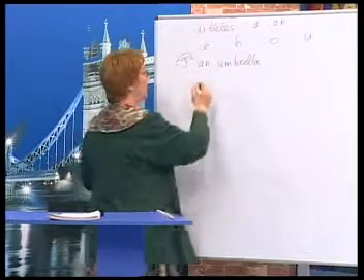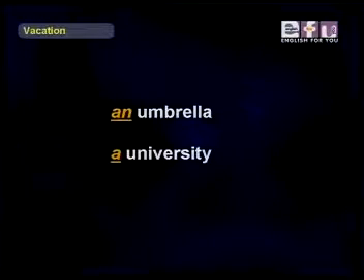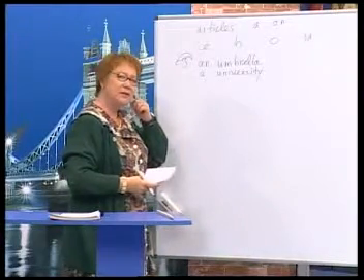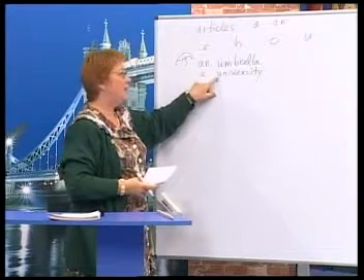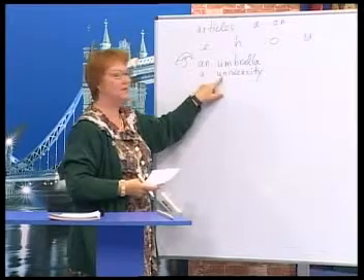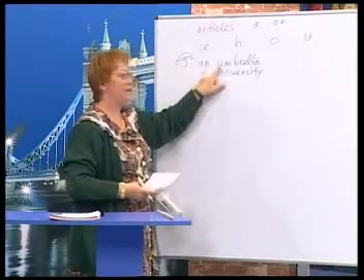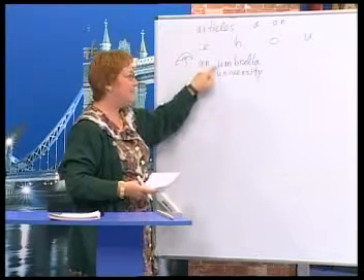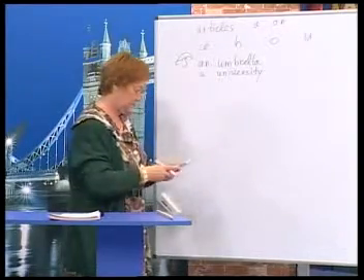Now, another one is a university. A university. But listen to the difference in sounds. A university, U. A university, an umbrella. So the sound of the vowel is very important.